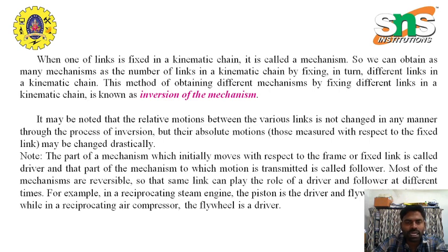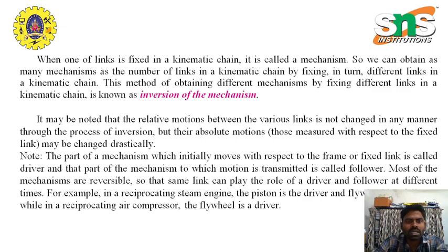If you take a 4 bar chain, we have 4 links, and in that we should at least fix one link, so that we can get the inverse, that is the mechanism, and it should perform some action, right?